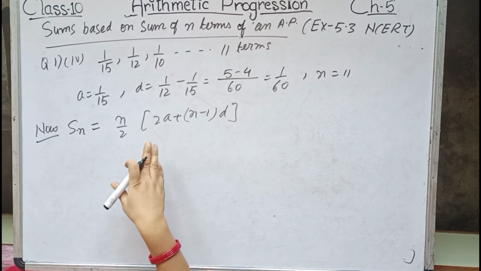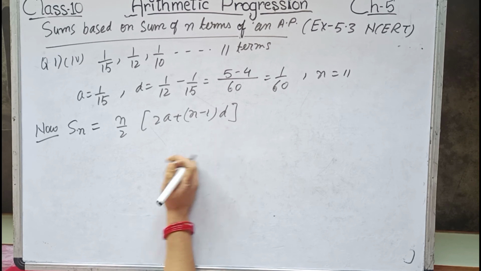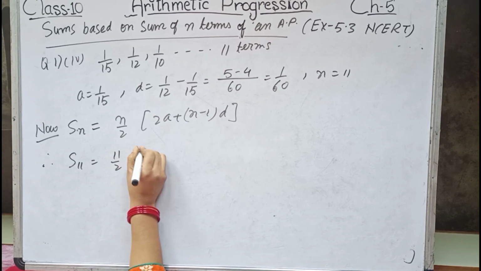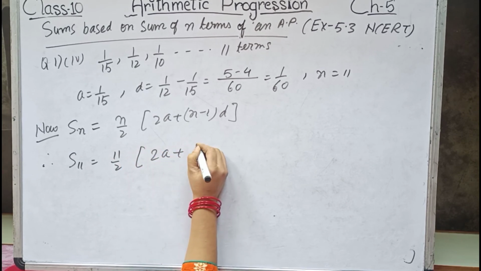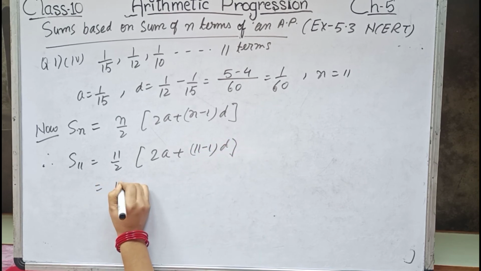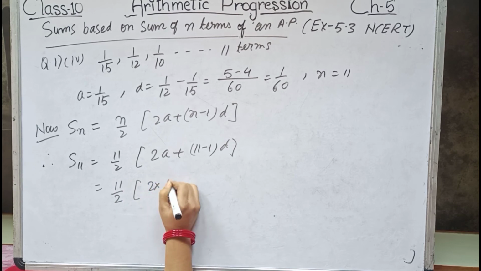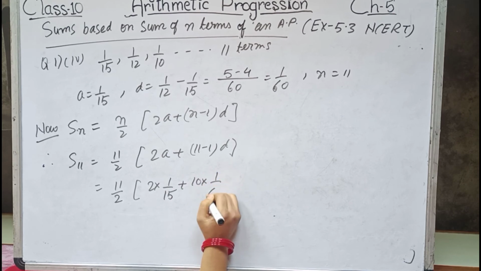But over here, in spite of that, I am using this formula where the utilization of a and d is there. Therefore S11 equals 11 by 2, 2a plus 11 minus 1 into d. Now I will put the value of a and d. So this will be equal to 11 by 2, 2 into a is 1 by 15 plus 10 into 1 by 60.